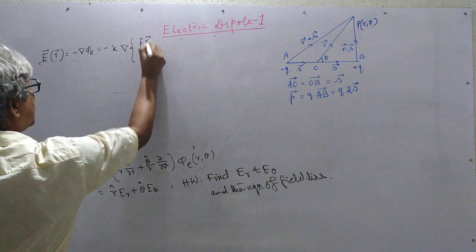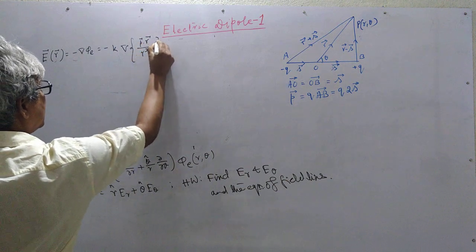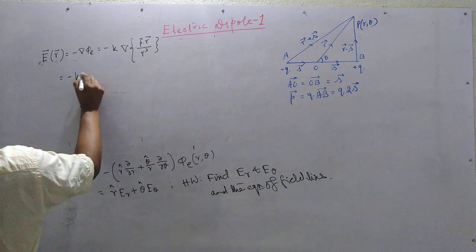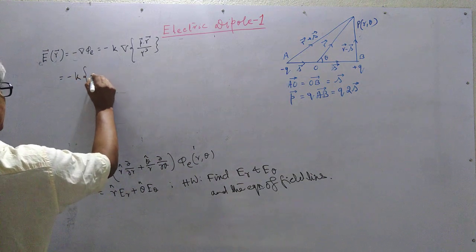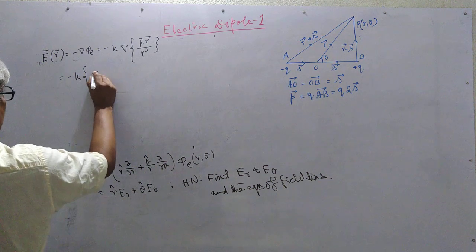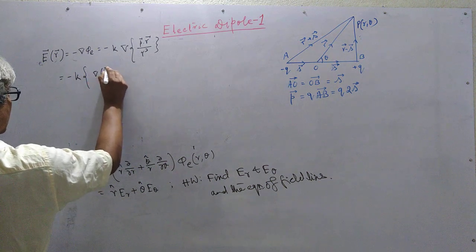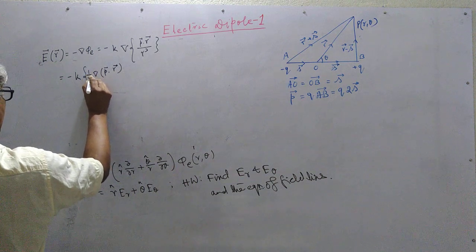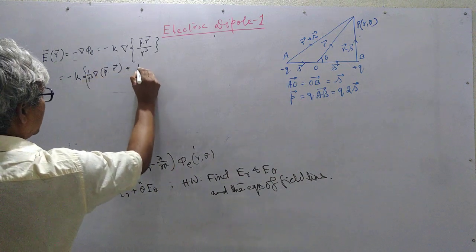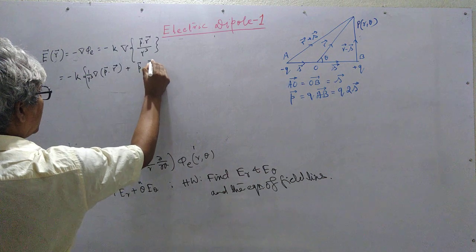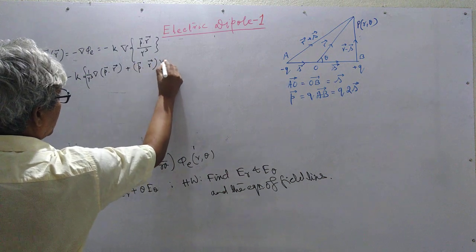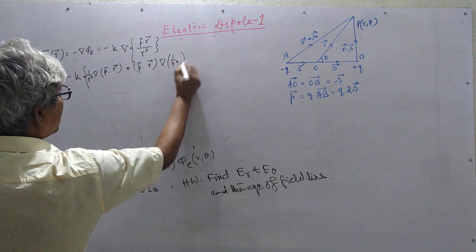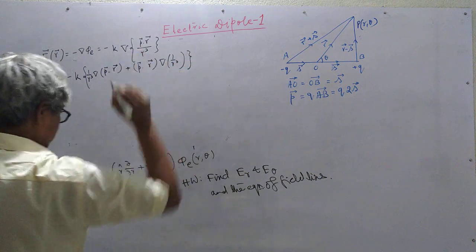P dot R by R cube. This is minus K times, this is the figure.